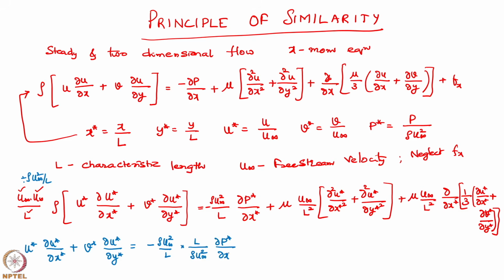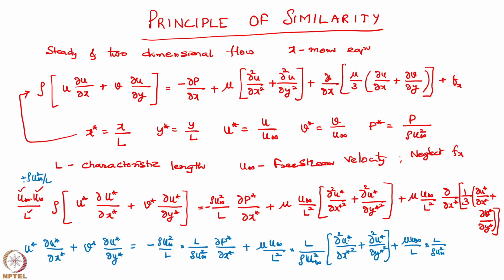star by dou x star plus mu u infinity by L squared into L by rho u infinity squared into dou squared u star by dou x star squared plus dou squared u star divided by dou y star squared plus mu u infinity by L into L by rho u infinity squared into dou by dou x star into 1 by 3 dou by dou of u star x star plus dou v star by dou y star you get.